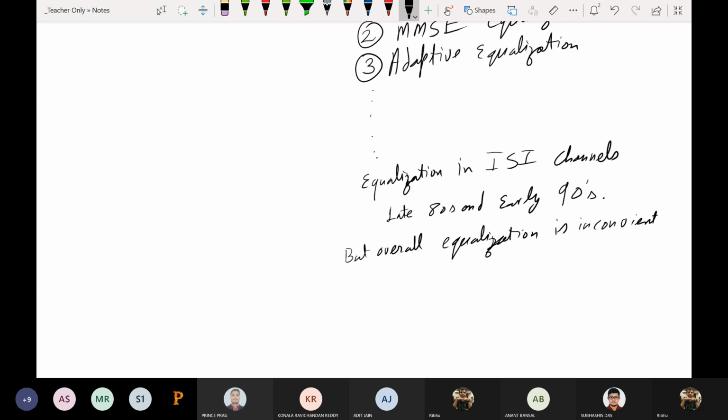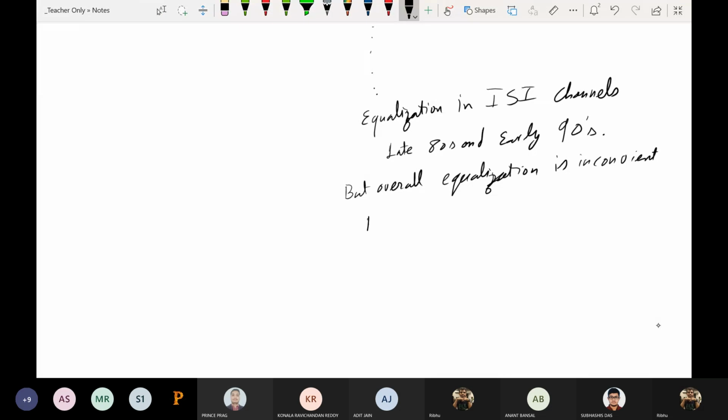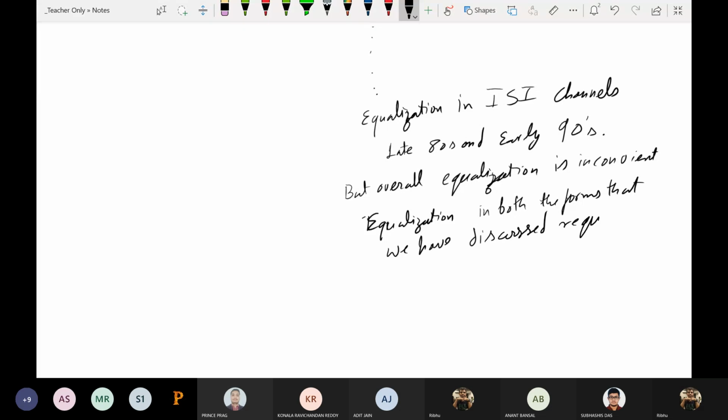So the first thing we notice is that equalization in both the forms that we have discussed requires inverting a large matrix, right?